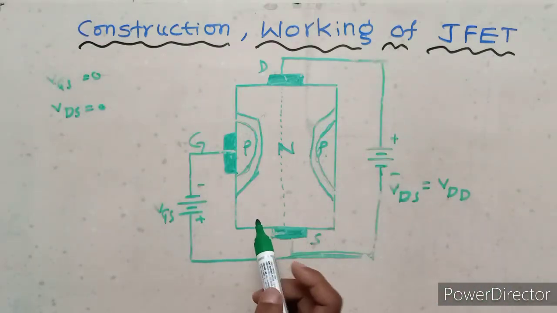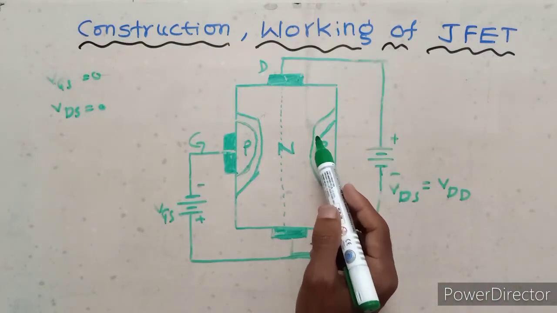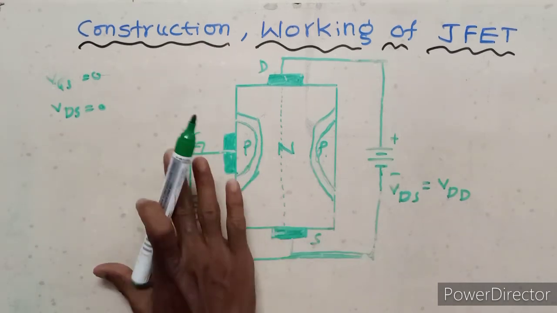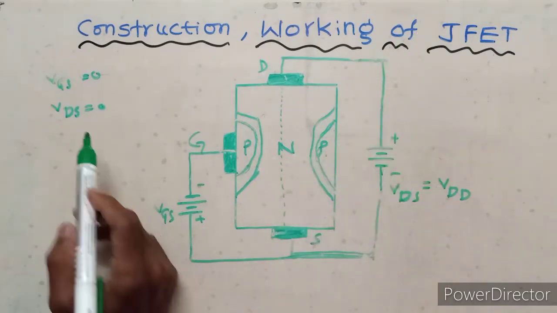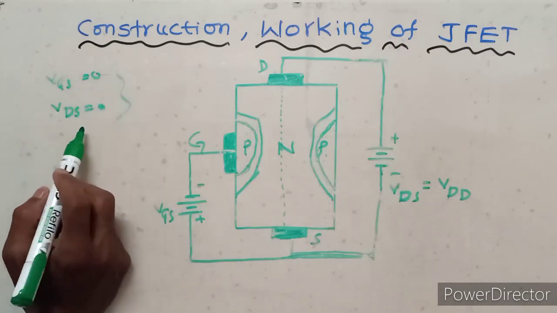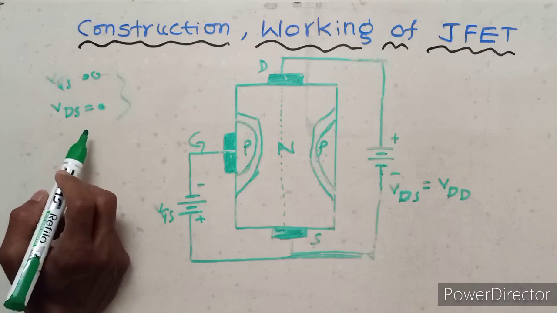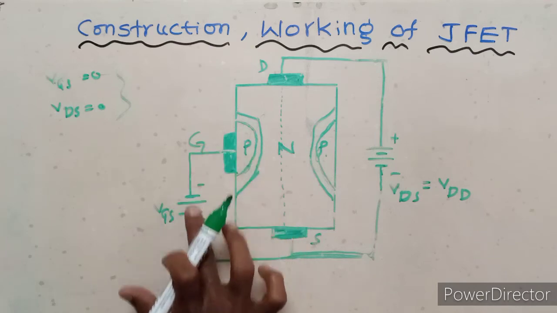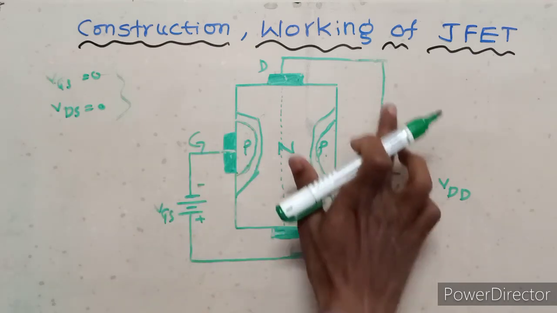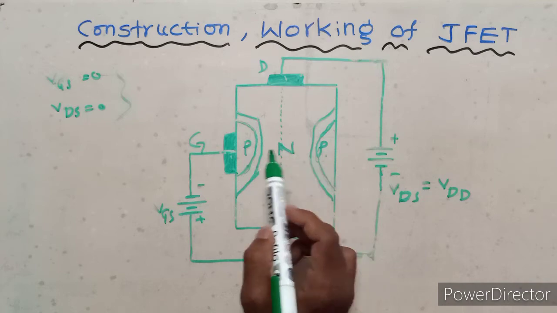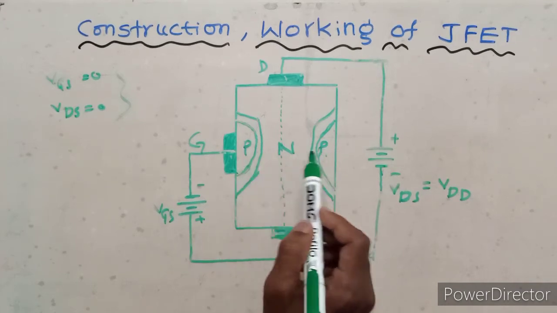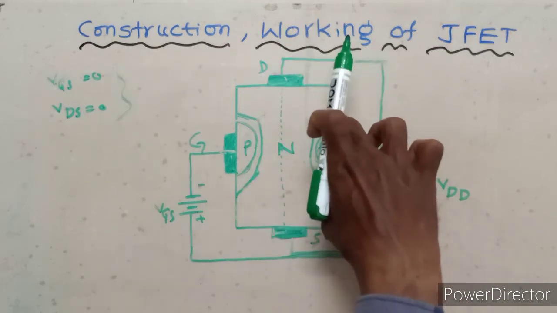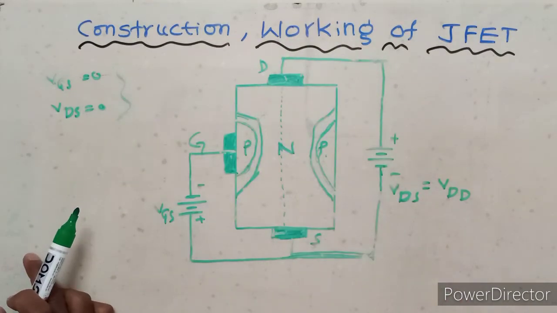The thickness of the depletion regions around the PN junction is uniform and symmetrical, because VGS equals 0 and VDS equals 0. This is the first condition.